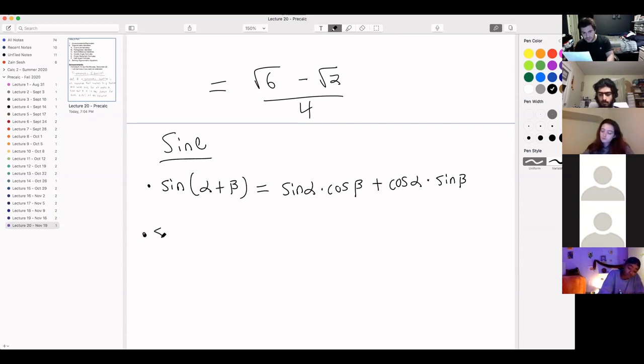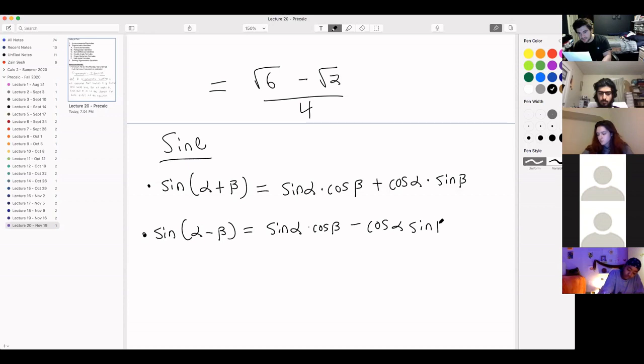So let's do that one. Sine of alpha minus beta. Okay, this is sine alpha times cosine beta minus cosine alpha times sine beta. Very good. Okay, got it.